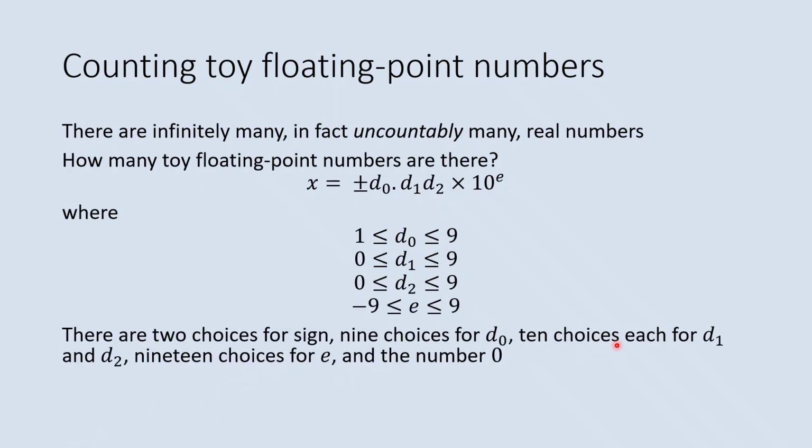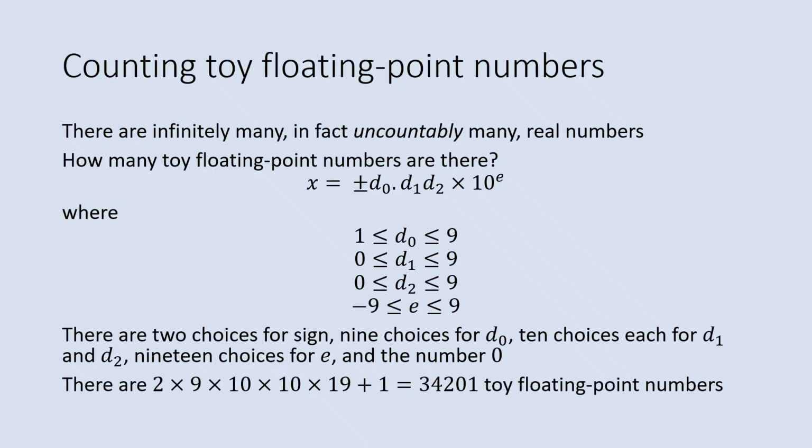So with these choices, 2 choices for the sign, 9 choices for the next, 10 each for D1 and D2, 19 choices for E, and then the special situation of the number 0 that's not part of this description, in all there are 2 times 9 times 10 times 10 times 19, plus the 1 that represents the 0, 34,201 of these floating point numbers.